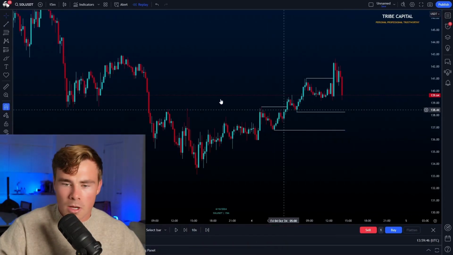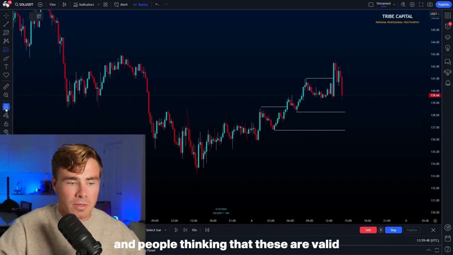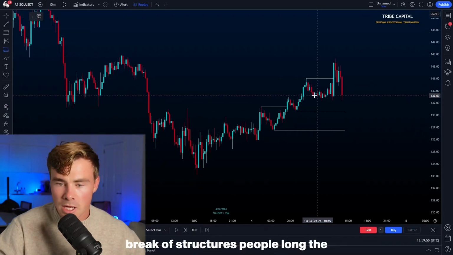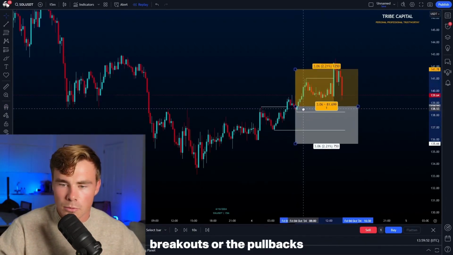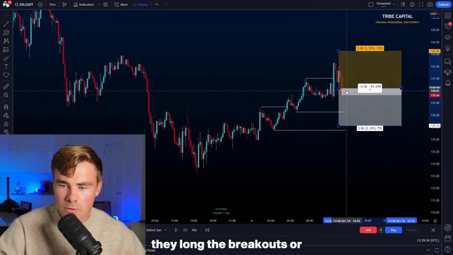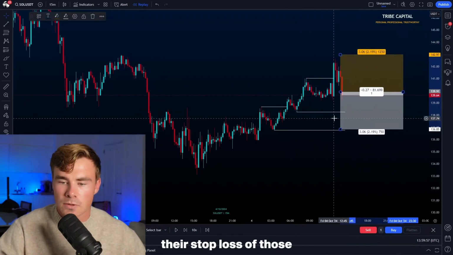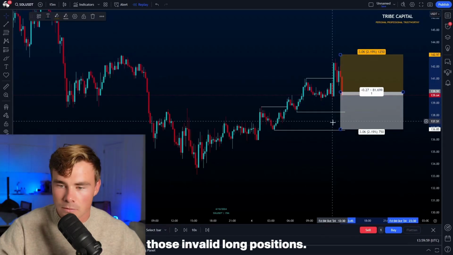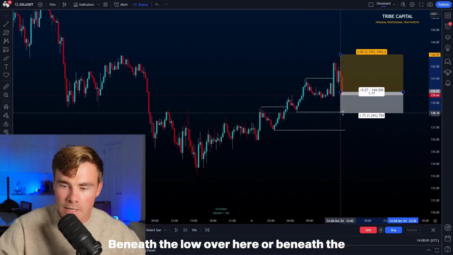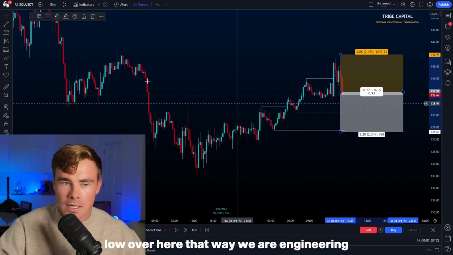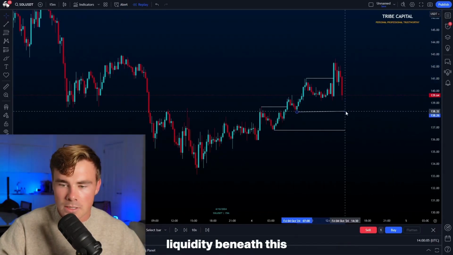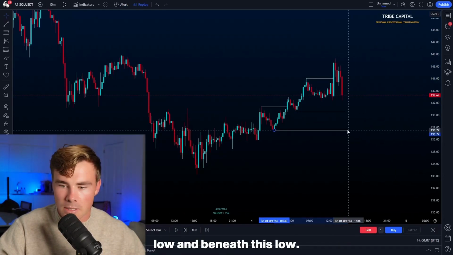Now, why so? Because of these fake break of structures and people thinking that these are valid break of structures, people long the breakouts or the pullbacks, and where they're placing their stop loss of those late long positions and those invalid long positions is beneath the low over here or beneath the low over here. That way we are engineering liquidity beneath this low and beneath this low.